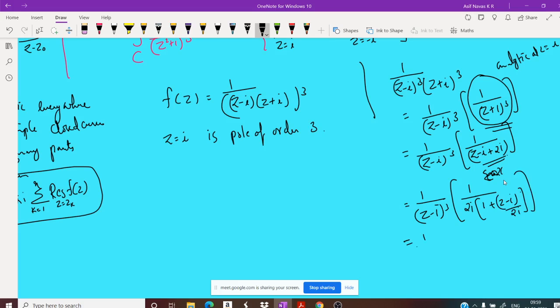So if you expand this, 1 by (z minus i) all cube, 1 by 2i into this expansion: 1 minus (z minus i) divided by 2i plus (z minus i) all square divided by 2 factorial i all square plus etc. So this is always a pole of order 3, right?